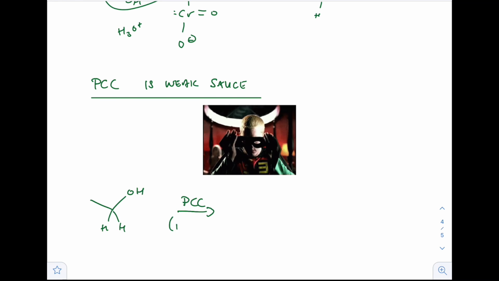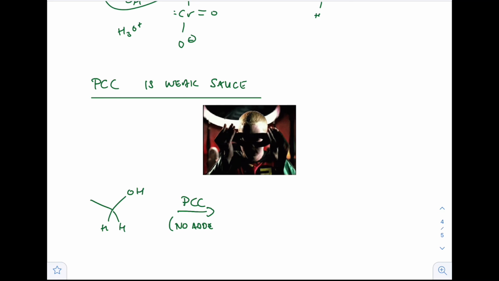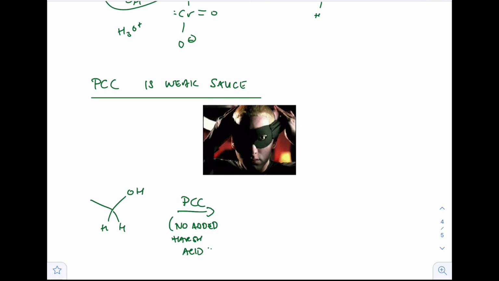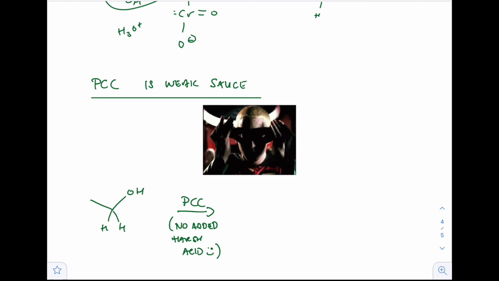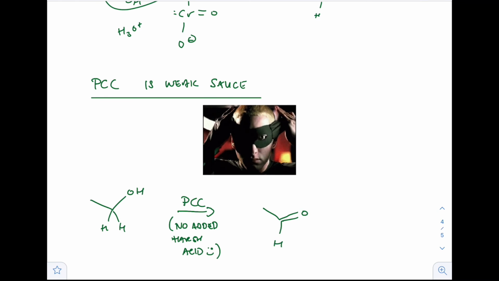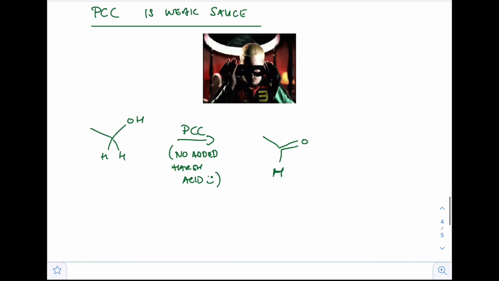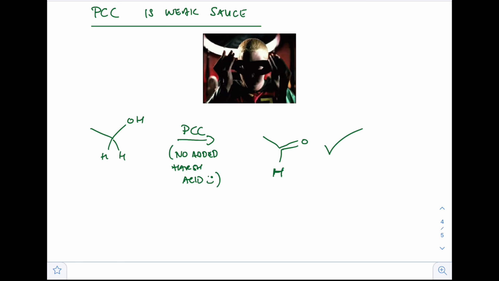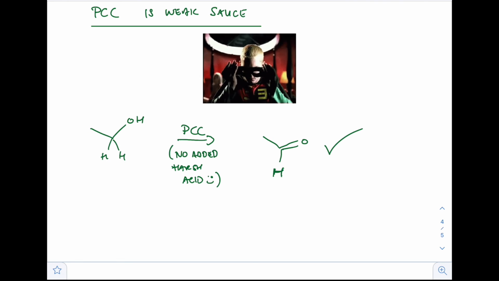So we have this second primary alcohol. We got PCC. We don't have any added harsh acids. And so, again, it's just a mild oxidizing reagent. And so we mildly oxidize it to the aldehyde and we stop. PCC doesn't let it be a carboxylic acid.